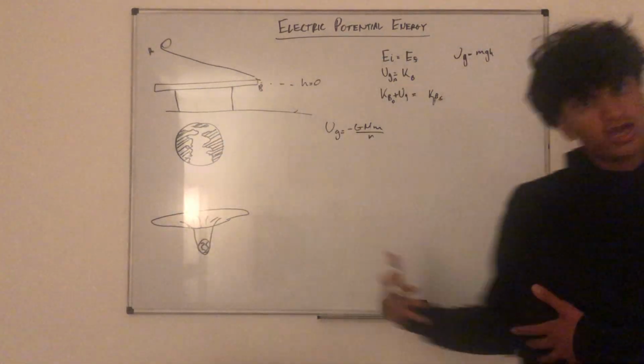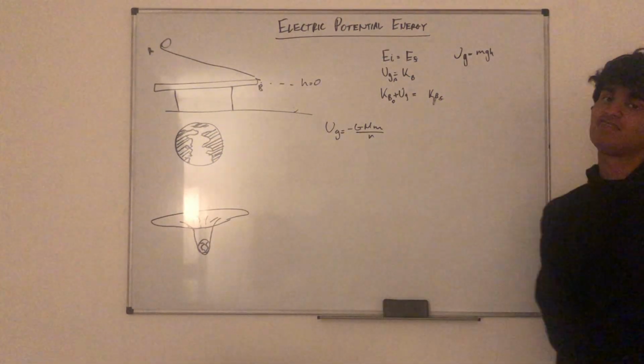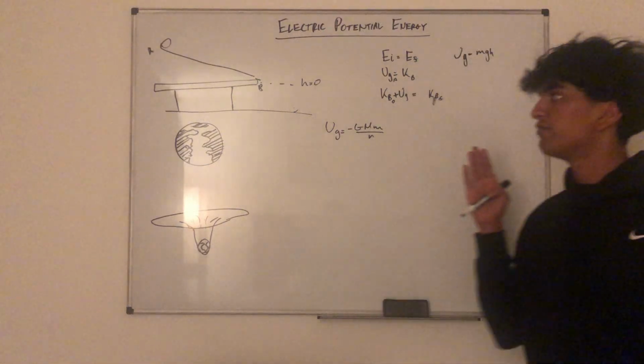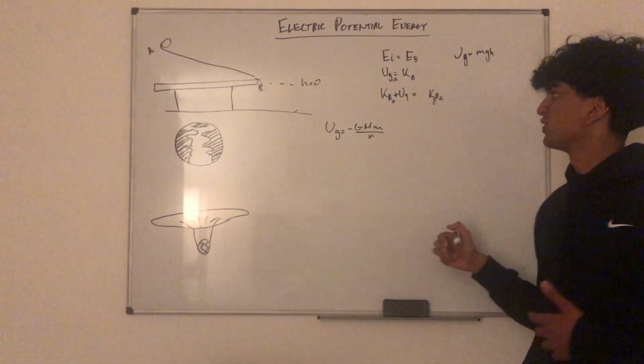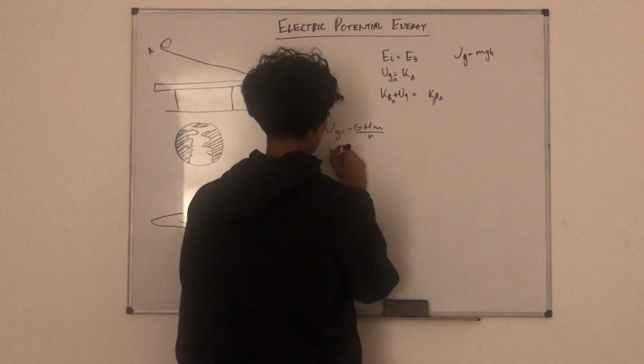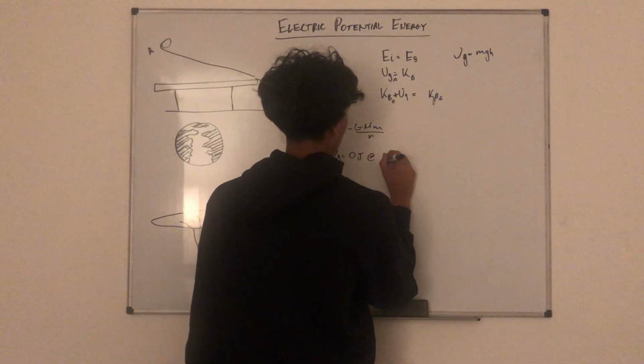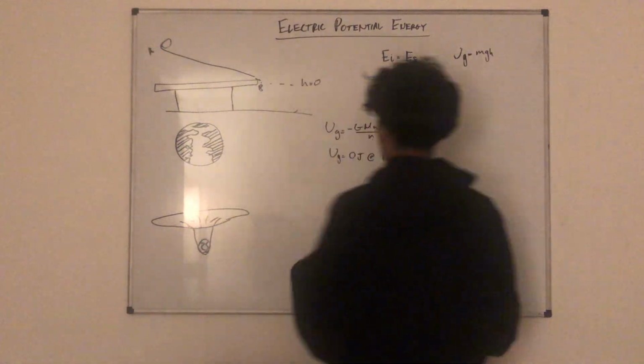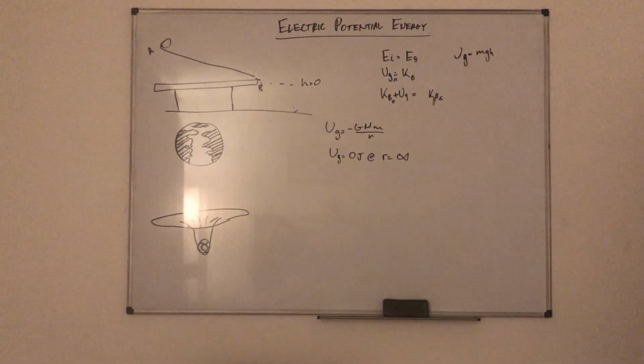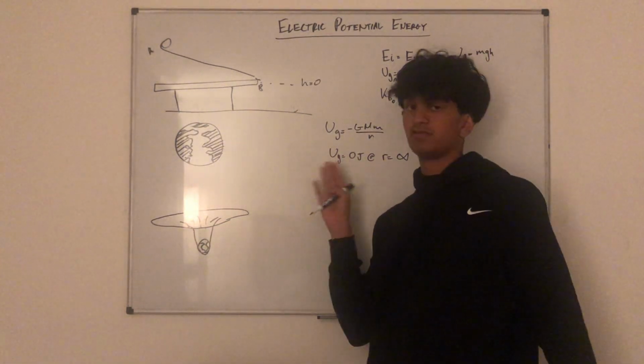What this suggests is that if you're at an infinite distance away, you have no UG. So UG is equal to 0 joules when you're an infinite distance away.